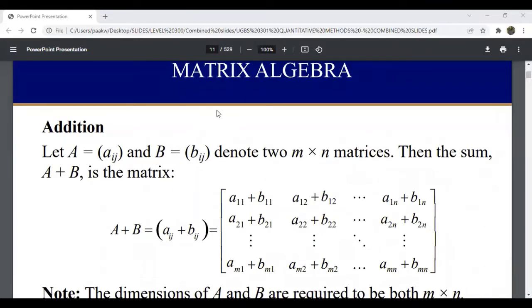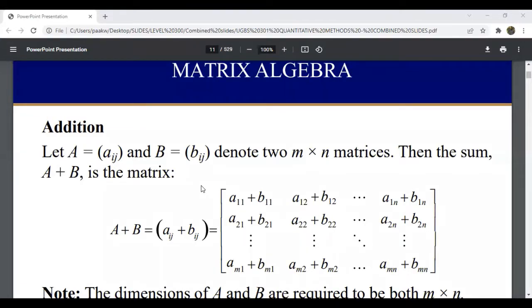Okay, so addition. We are moving on to different operations. Addition is whereby we add two or more matrices. Now, in any of the operations, we have certain rules guiding them.